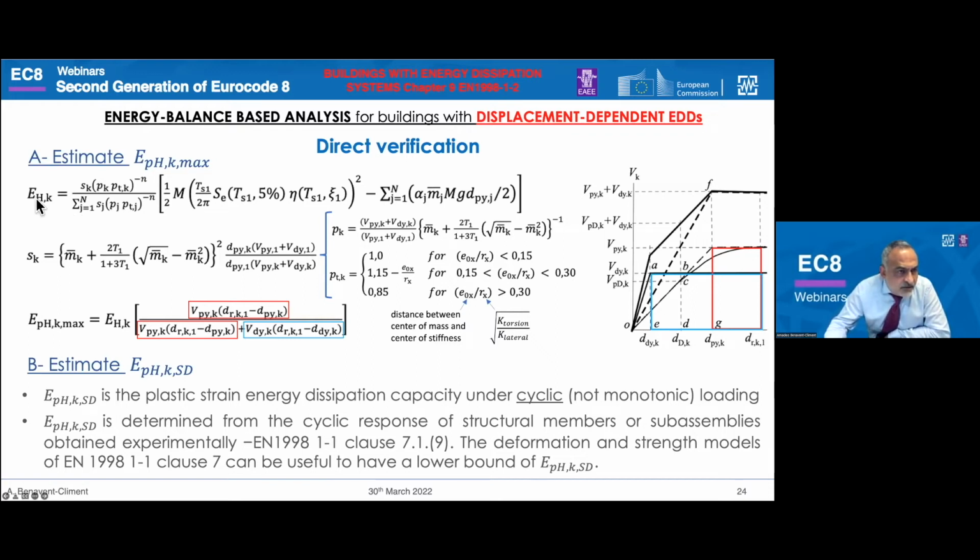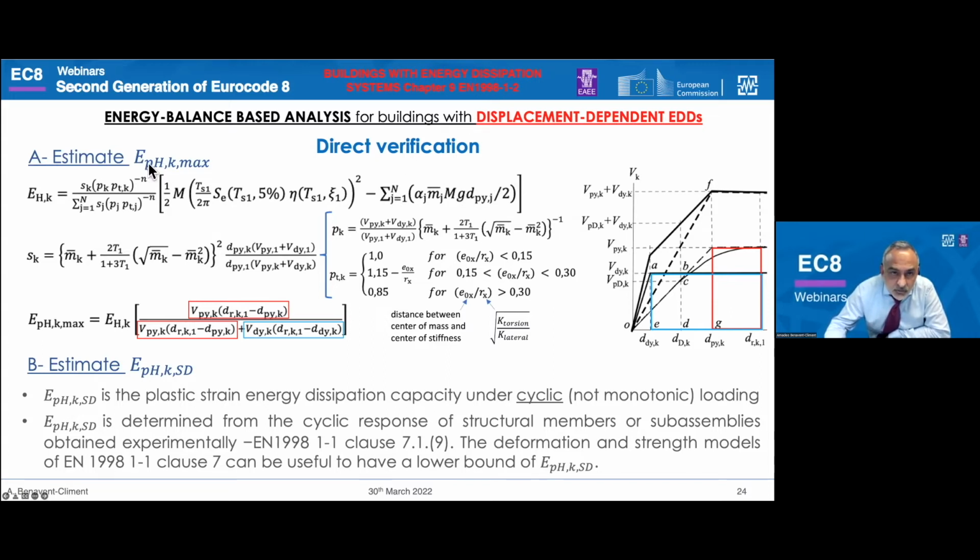Here, EHK is the total plastic energy dissipation demand on the K story, and it is obtained by distributing the total energy input that contributes to damage, that is this value, minus the energy that can be stored in the form of elastic deformations by the structure.